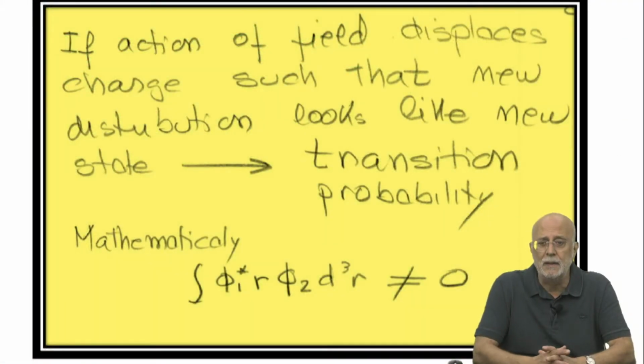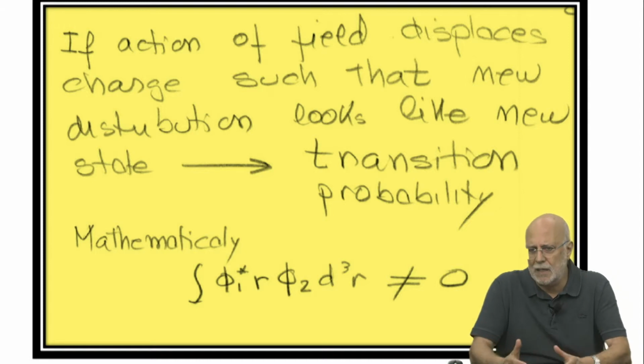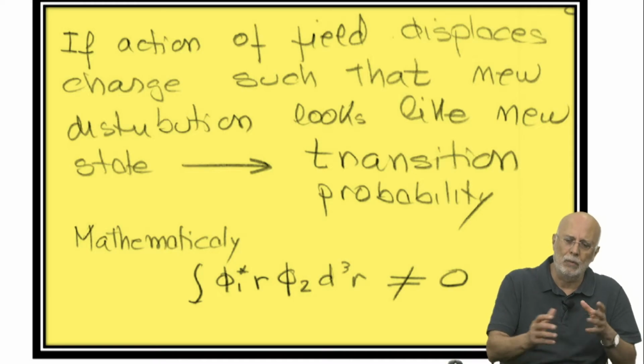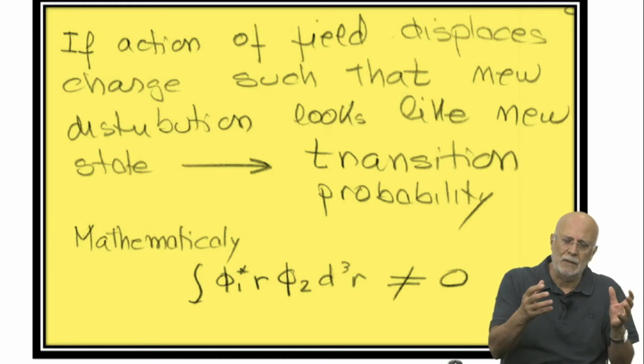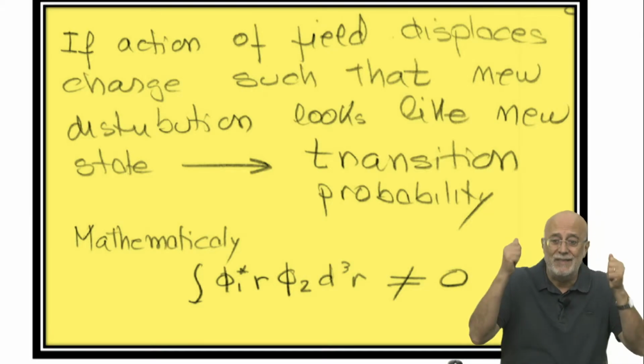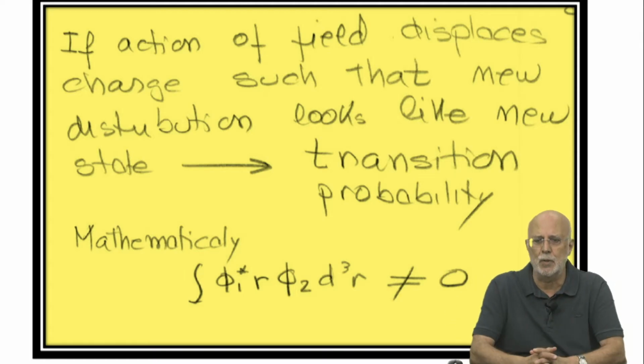I'm not going to do it, but we can do it easily. And the action of the field actually will do what I call a displacement. But the displacement has now to be a combination of these two, because those are the only two solutions allowed for the charge distribution of the atoms.